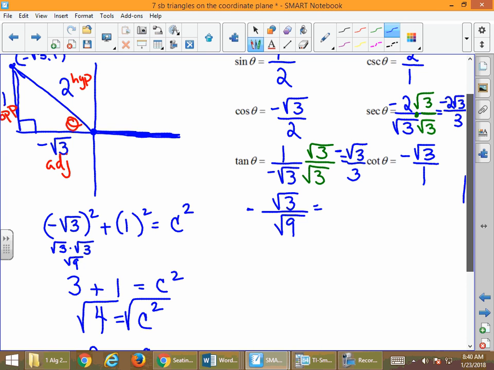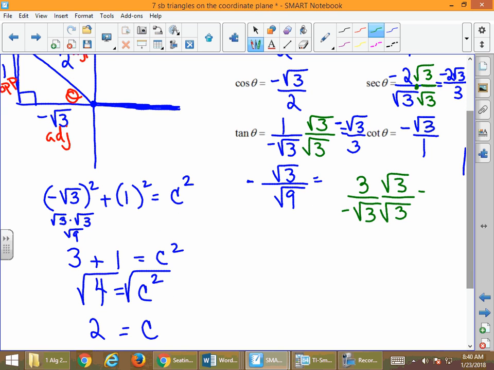If you didn't see that, our other value here that we found for tangent was negative the square root of 3 over 3. So we would have to flip that because it's reciprocal. So it would be 3 over negative radical 3. And then we rationalize. We multiply by radical 3 here, and we multiply by radical 3 here.